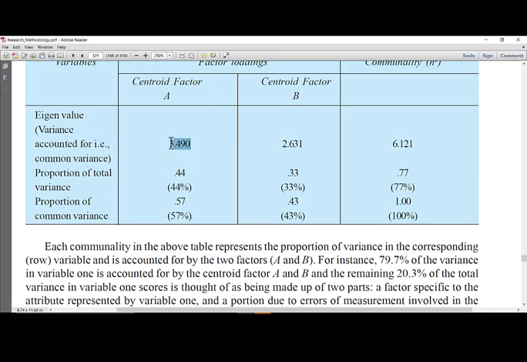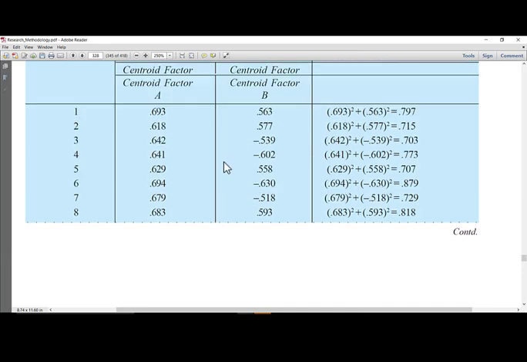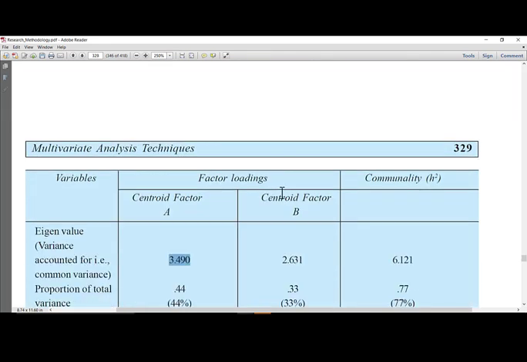For centroid factor A and for centroid factor B, how we have calculated is nothing but that we have squared all these values and summed up. Similarly, we have squared all these values and summed up. Those are given as 3.49 and 2.631.